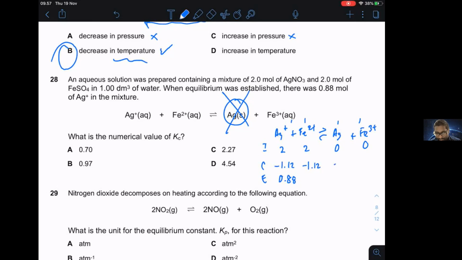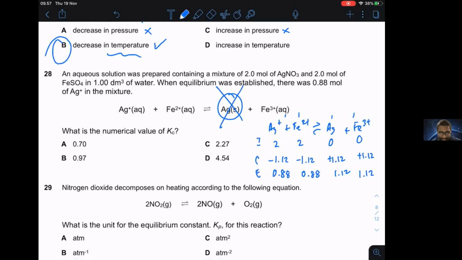The product, on the other hand, will be plus 1.12. So you put 0 plus 1.12, and the remaining amounts are 0.88, 0.88 and 1.12. Since we are not including Ag, just be careful here.